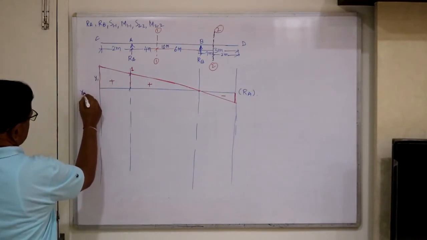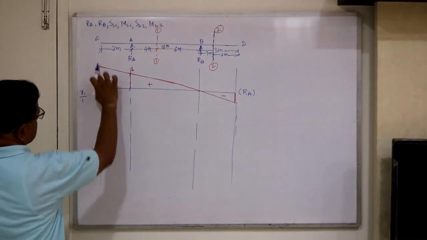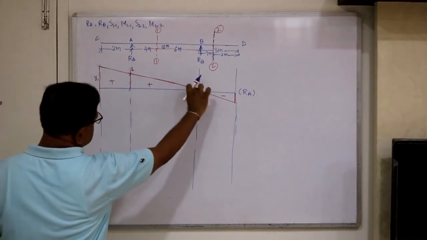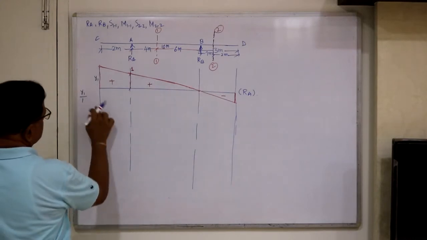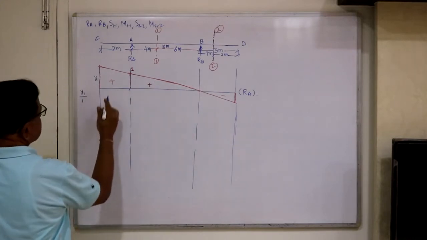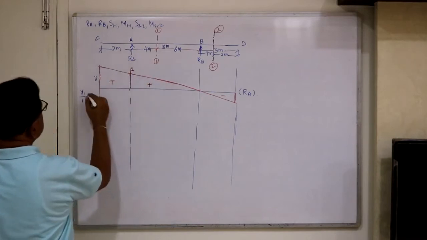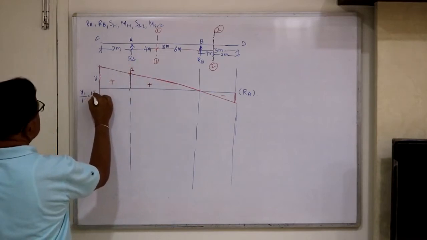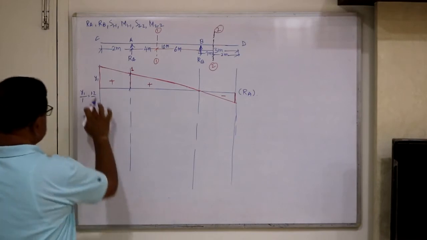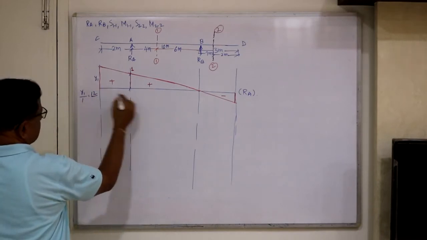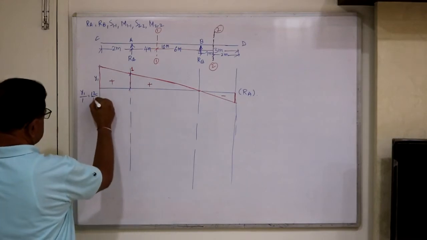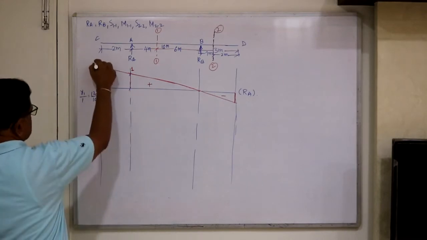So y1 divided by 1 equals height of the external triangle over height of the internal triangle, equal to base of the external triangle, 10 plus 2, 12, divided by base of the internal triangle, 10, so this is 1.2.